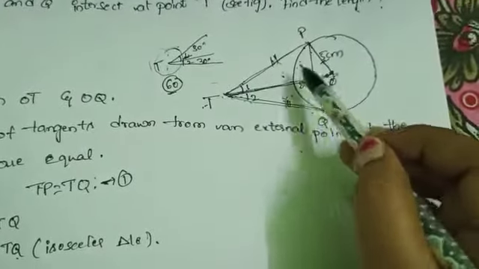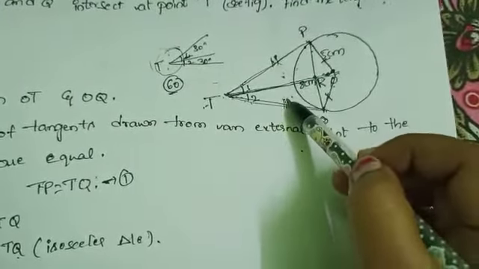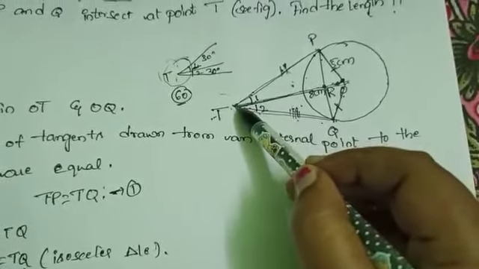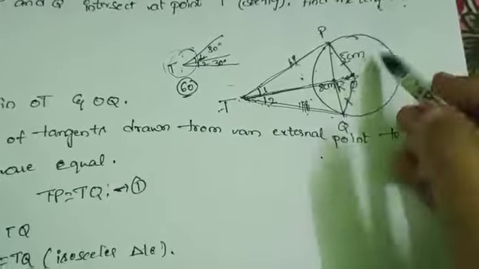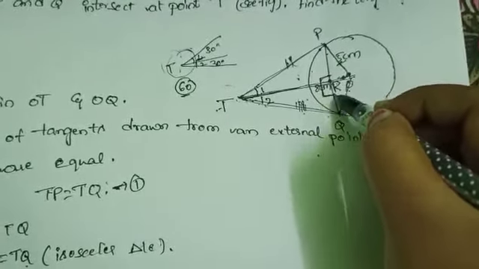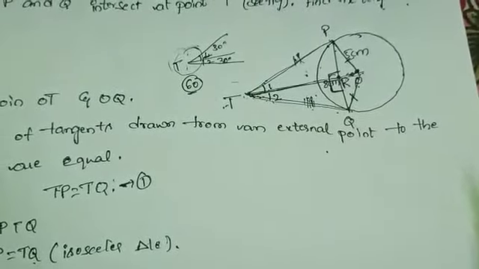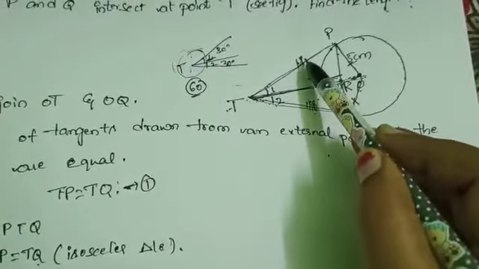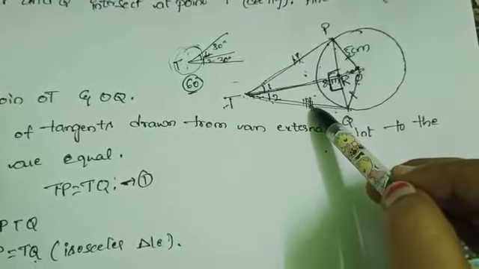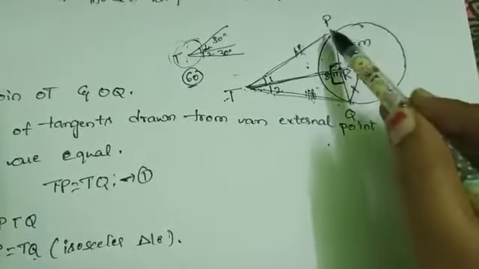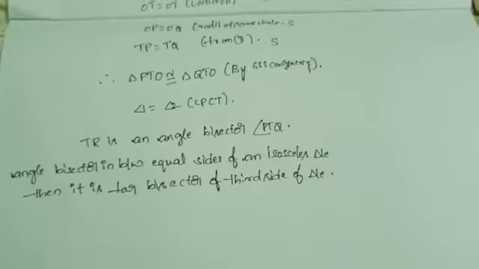If the angle bisector lies between equal sides in an isosceles triangle, then it is the perpendicular bisector of the third side of the triangle. Is it clear? Write the statement.